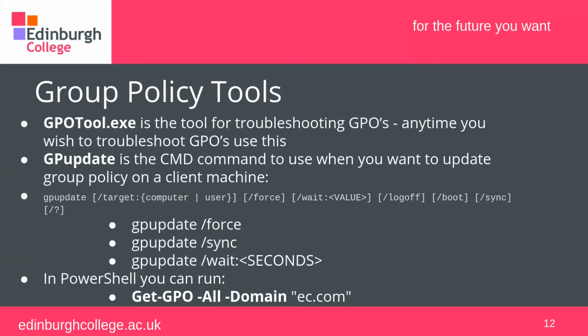There are also some classic commands that are good to know. gpupdate, all right, is the command that we run on a client machine to ask it to pull the latest version of the group policy for that particular machine to itself. So we can do gpupdate /force to force an update, gpupdate /sync, gpupdate /wait.